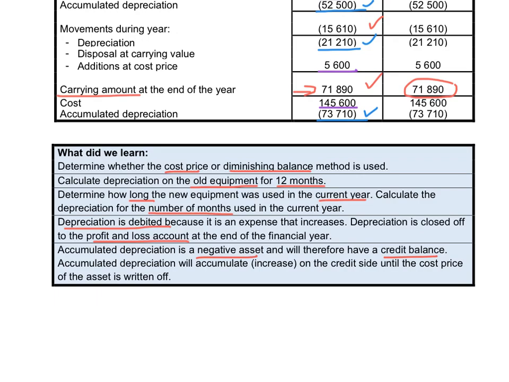Accumulated depreciation will increase every year on the credit side until you reach the cost price of the asset, because then you've written off the total value of the asset. Even if you use this asset after this 5-year period, you can't write off any more depreciation because you've written off the total amount.